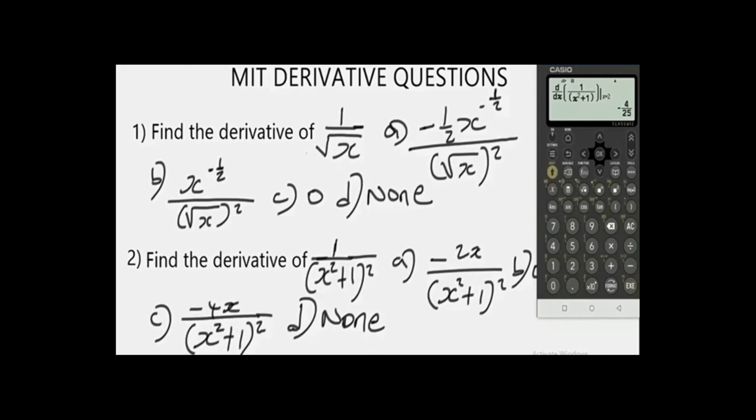So right now we're going to check option A and see whether it's going to give us minus 4 over 25. So let's simplify option A. You press the AC button.